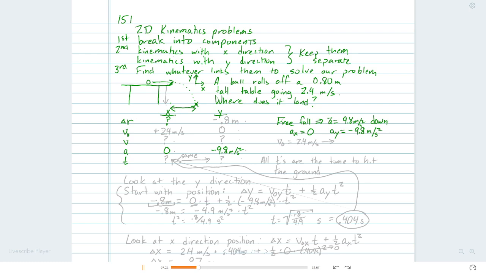But I do know how far it goes down. How far does it go down? It's going to go down 0.8 meters. So my change in position in the y direction, I'm going to go 0.8 meters. Positive or negative?